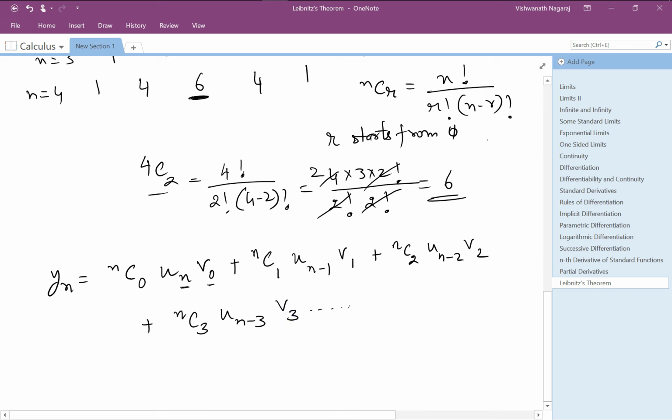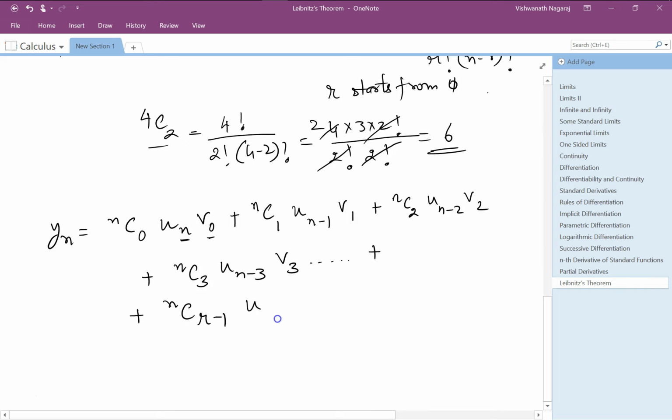Now this will keep going, and somewhere in the middle, not exactly in the middle, the formula will become nC r minus 1, u n minus r plus 1, and v will become r minus 1.